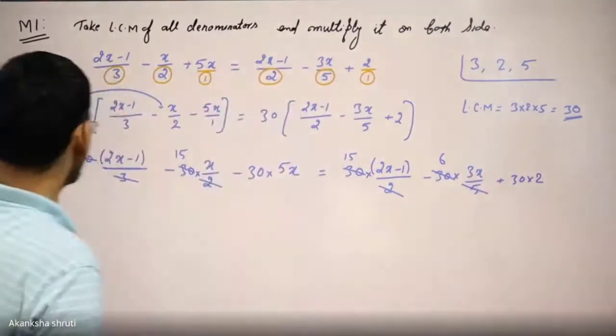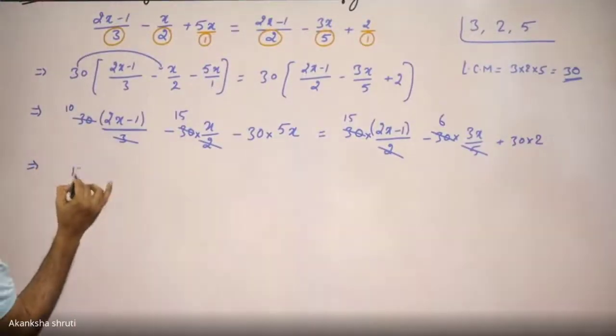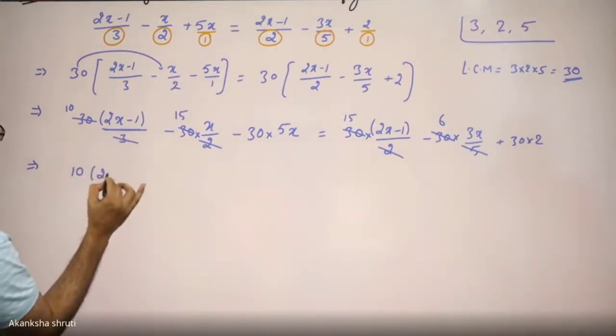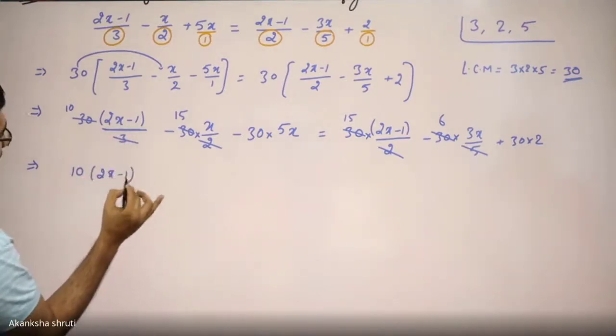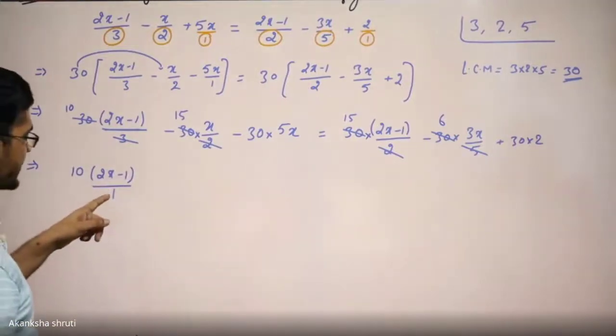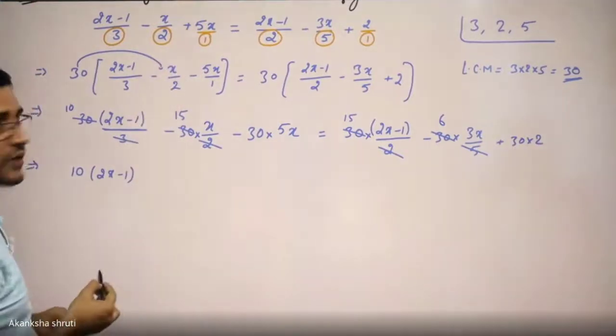Student, what does it become? It becomes simply 10 into this bracket 2x minus 1. The denominator is now 1, so writing the denominator as 1 can be left out.